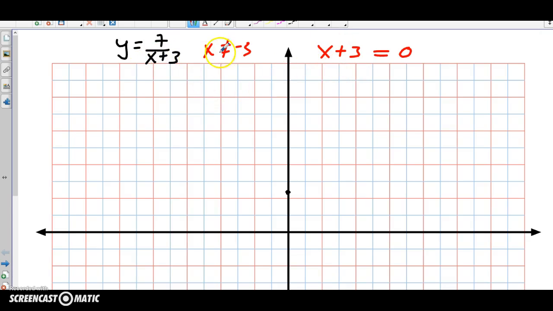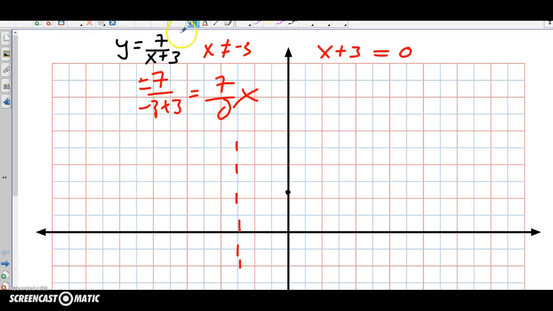If x was -3, then y equals 7 over -3 plus 3, which is 7 over 0, undefined. So x cannot be -3, and I draw a dashed line coming down for this asymptote.